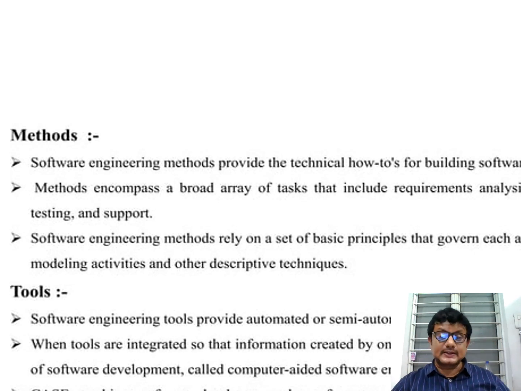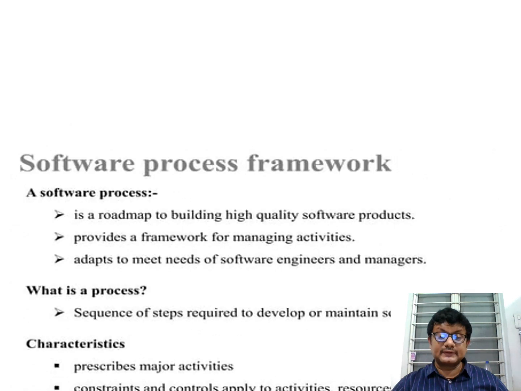What are the methods? Software engineering methods provide the technical how-tos for building software. Methods encompass a broad array of tasks that include requirements analysis, design, coding, testing and support. Software engineering methods rely on a set of basic principles that govern each area of technology, including modeling activities.